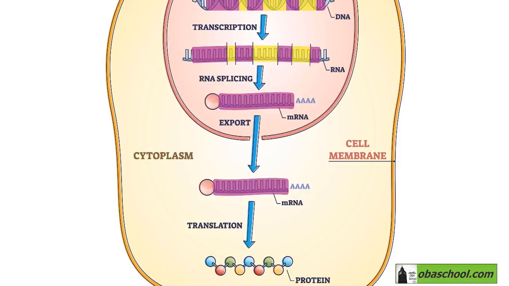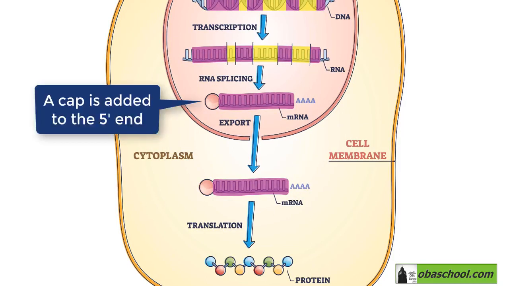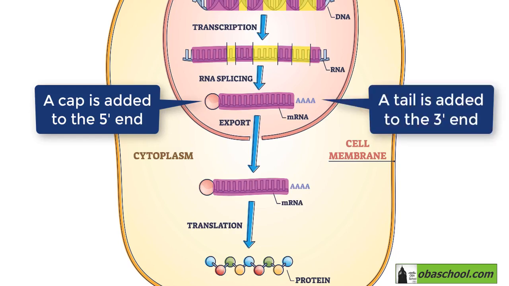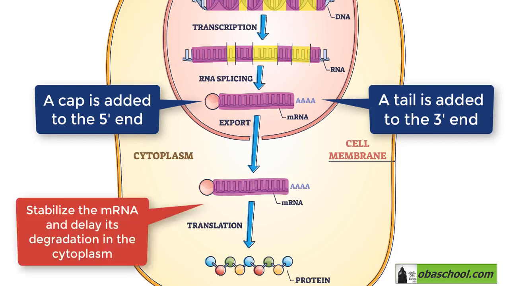During post-transcriptional control, a cap, which is a modified nucleotide, is added to the 5' end, and a tail, which is a long chain of adenine nucleotides, is added to the 3' end. These both help to stabilize the messenger RNA and delay its degradation in the cytoplasm.